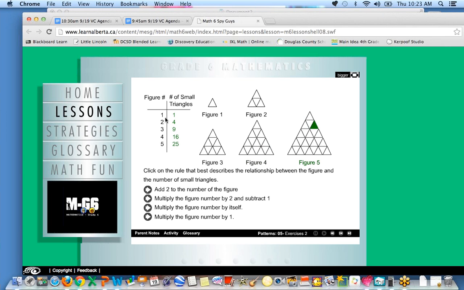All right. 1 times 2 is 2, and then subtract 1 is 1. Okay. 2 times 2 is 4, and then subtract 1 is 3. Oh, nope, so that's not going to work. So B is not going to work. I want you guys by yourself to figure out between choice C and choice D, which one will work.